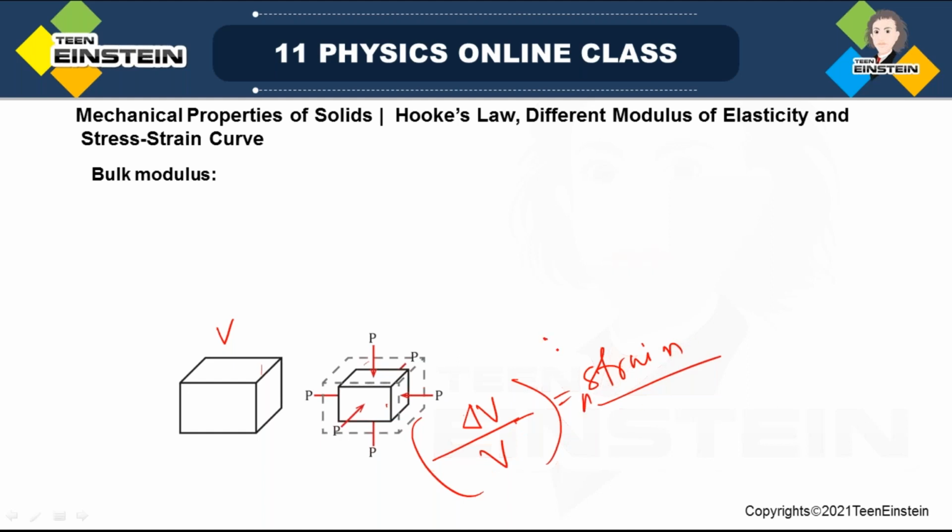So this is the volumetric strain, or volume strain. So what is bulk modulus then? Within the elastic limit, the ratio of normal stress to the volumetric strain is called the bulk modulus.